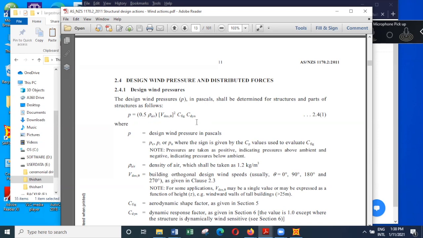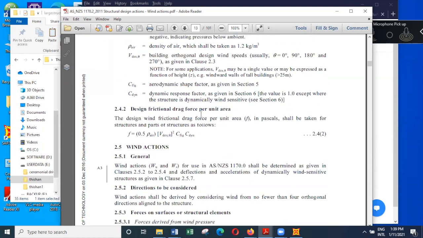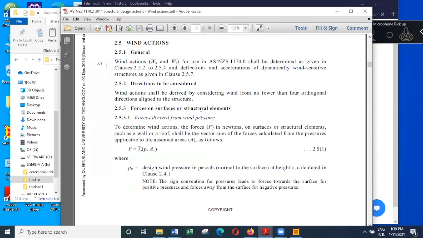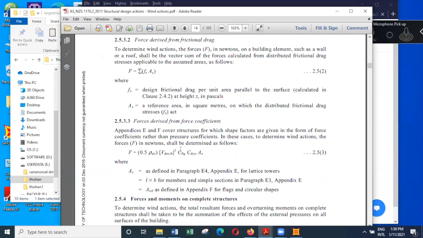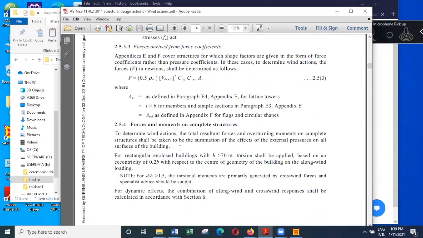So it says, consider this value when you are dealing with pressure. So the wind force is equal to pressure multiplied by area. So it's the same equations, very similar, like any other code.